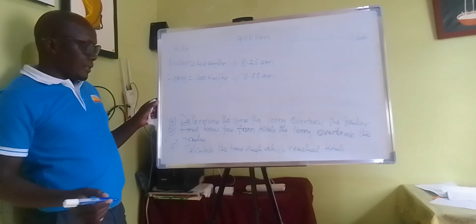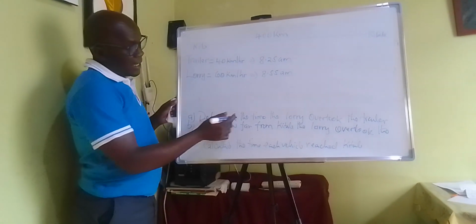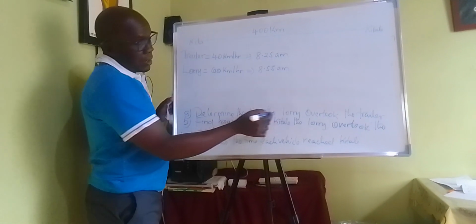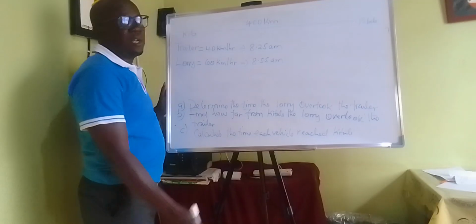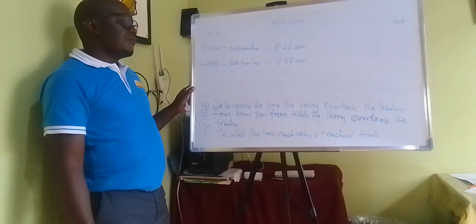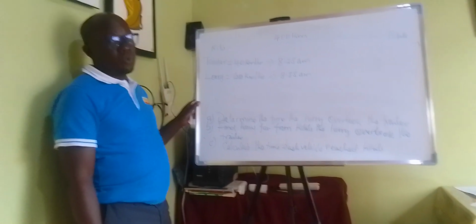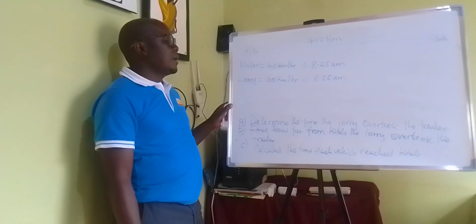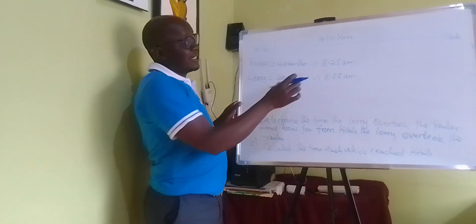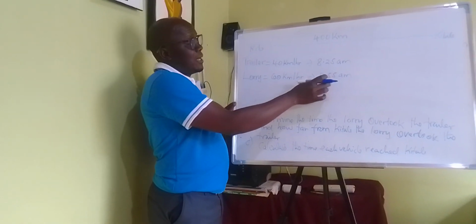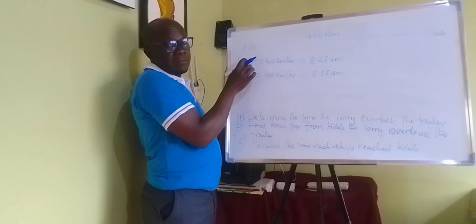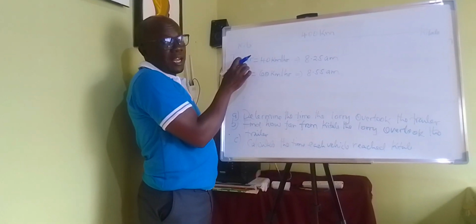Now we are told to determine the time the lorry overtook the trailer. So before we find the time, it's important to know, by the time the lorry is leaving at 8:55 a.m., how far is the trailer? Because the trailer left 30 minutes earlier.